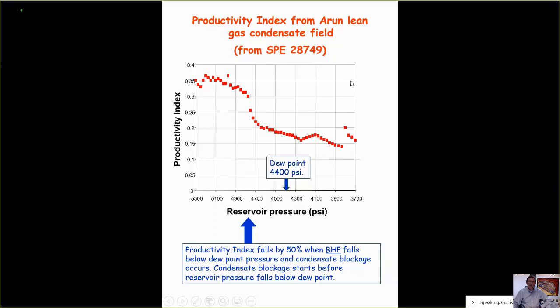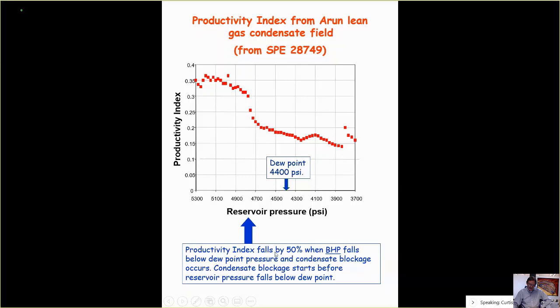That was their full field model with no GPP option, no blockage scan, nothing. Basically, this was not going to change below 0.35 throughout the whole time. But when they got to this point, average pressure 4,800 pounds, they started drawing below the dew point. You started getting this loss in productivity due to the condensate blockage effect.